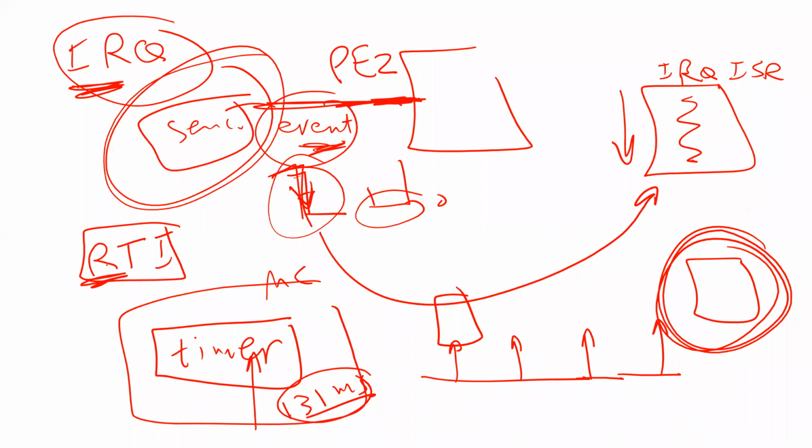RTI is usually used if you need periodic interrupts. For example, I'm going to give you a program today: you want to turn an LED on for 1 minute, off for 1 minute, and so on.